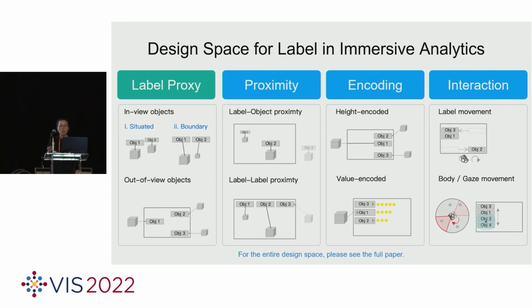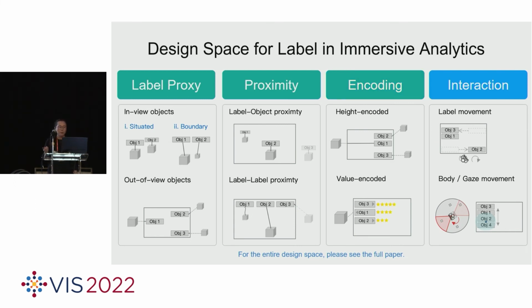Designers can decide whether labels are shown for in-view objects, out-of-view objects, or both. Second, proximity is an important factor to be considered for the label placement. Labels can be placed close to the object to support faster linking or close to other labels to allow easier label comparison.